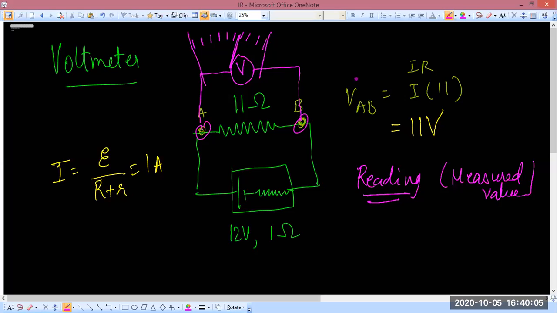So it will not show 11 volt. Let me tell you, it will not be 11 volt.